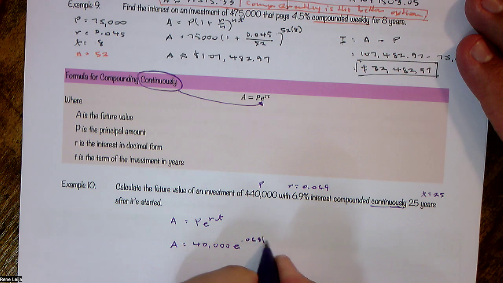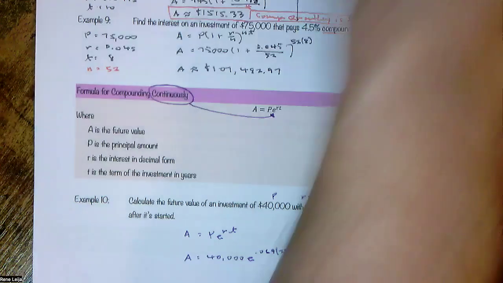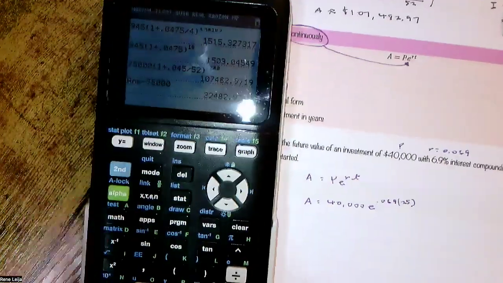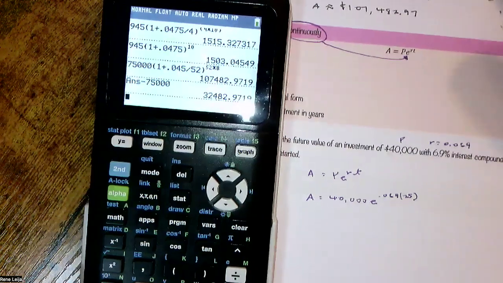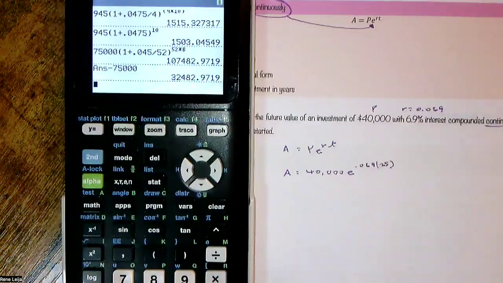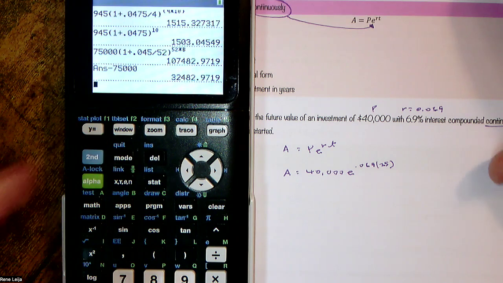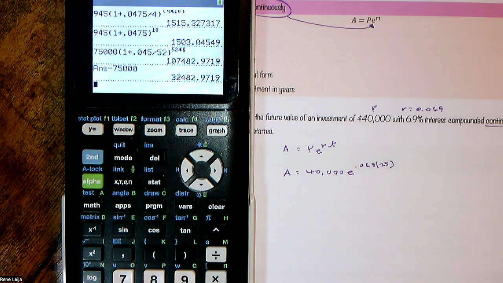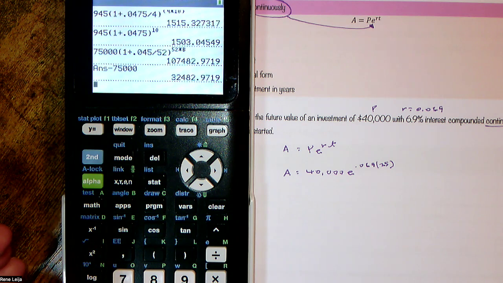0.069 times 25 power. Okay, now let me show you how to get to the E button. E is an irrational number, and it goes on and on, just like pi. If I evaluate pi, we don't say that pi equals 3.14.